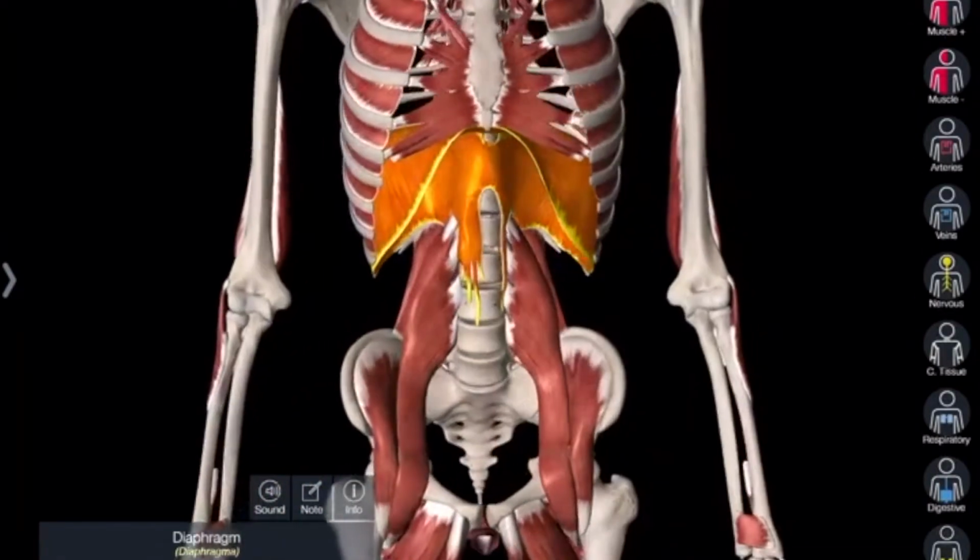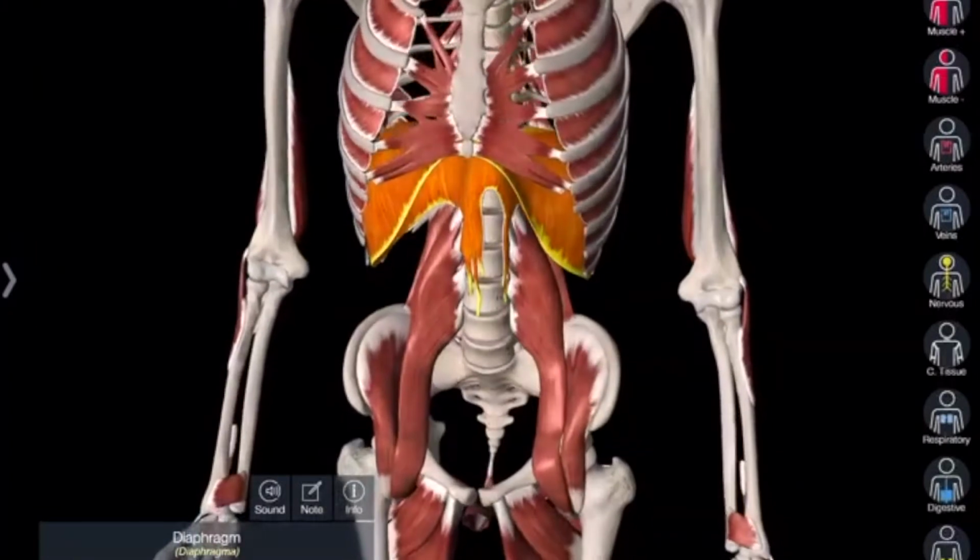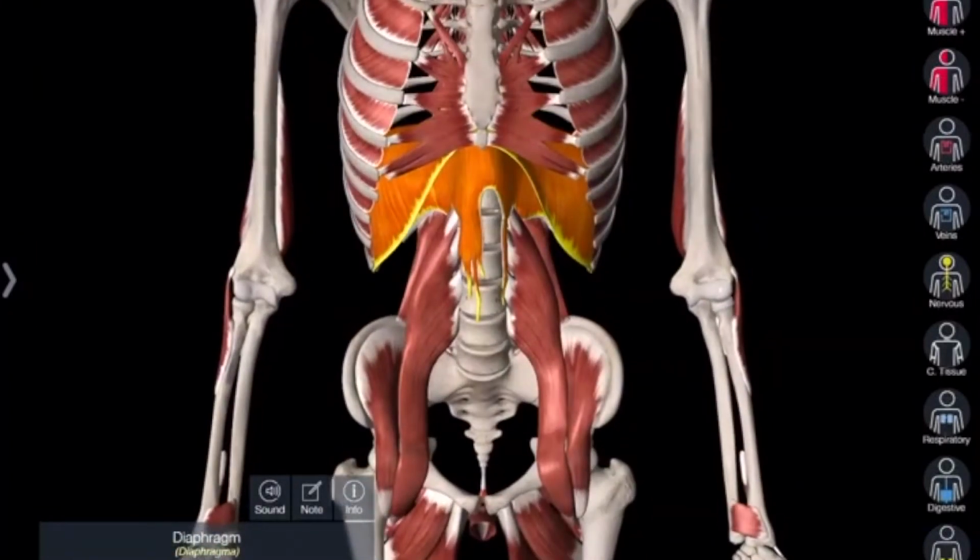So where does the diaphragm attach and what does it do is the question. The diaphragm attaches all around the outside of the thorax, essentially. The diaphragm separates the thorax from the abdominal cavity. So its attachments are the internal surfaces of the rib cage, the sternum, and the spine.